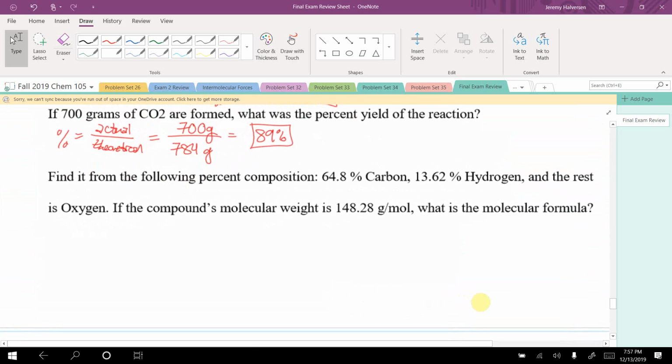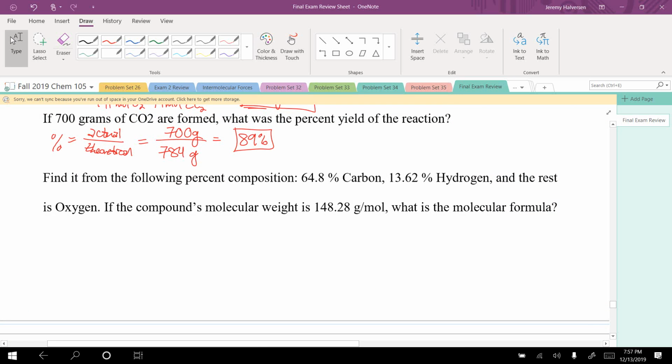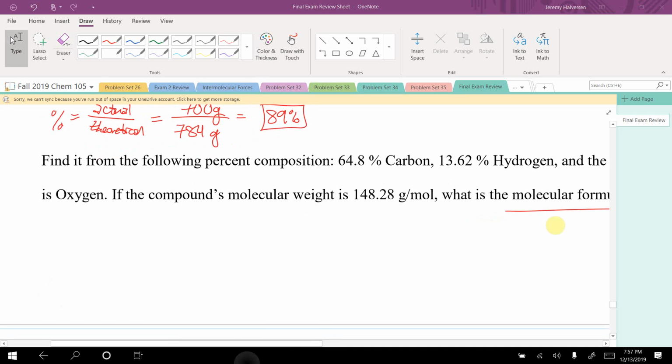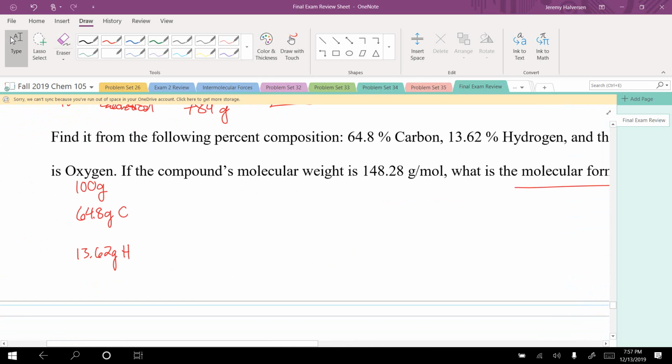All right, now find molecular formula from percent compositions. How do we do this? Who wants to walk us through? Yes, go ahead. Okay, I'm going to pretend that I have 100 grams, which means I have 64.8 grams of carbon, 13.62 grams of hydrogen, and the rest.